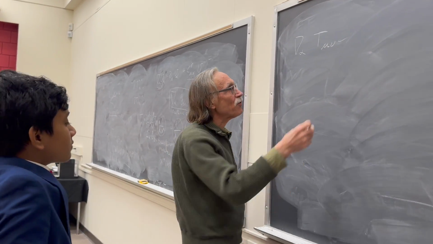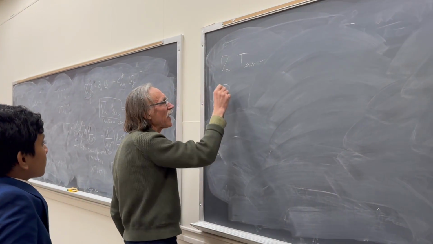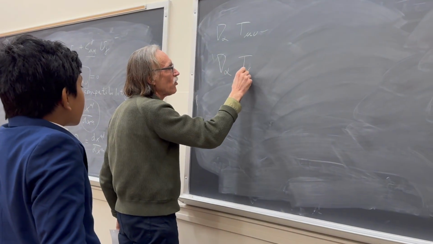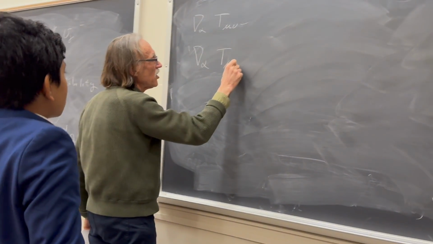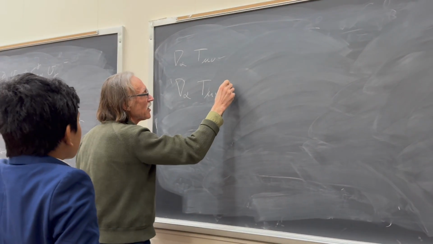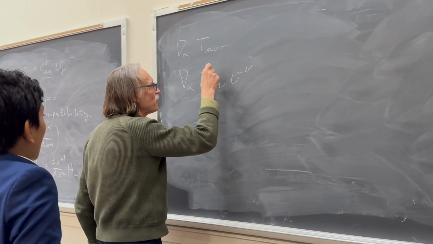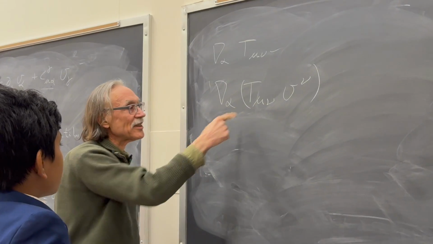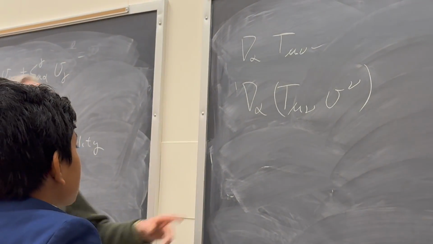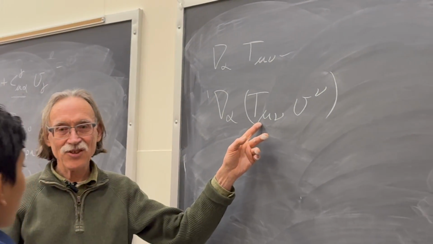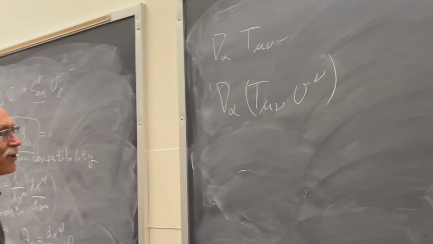And how you prove that is you act with delta alpha on T mu nu times a vector V nu. Now this is again a vector because this is contracted, so we know how this works.